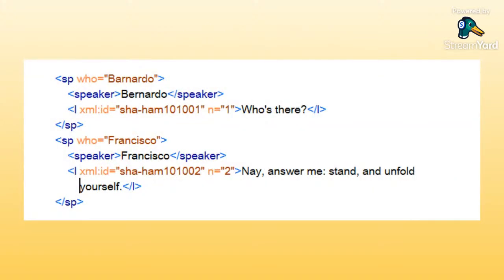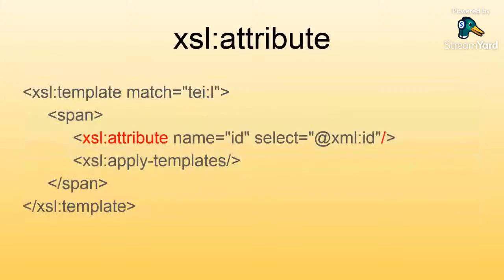So if you've got, for example, a slightly more advanced piece of XML, I've just got a couple more attributes in here for the examples we're going to see in a moment.